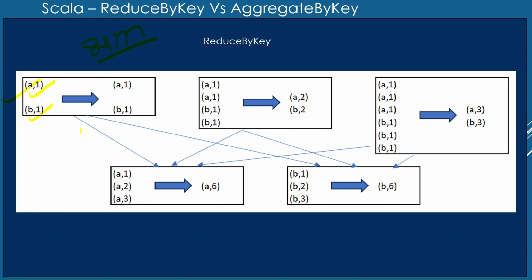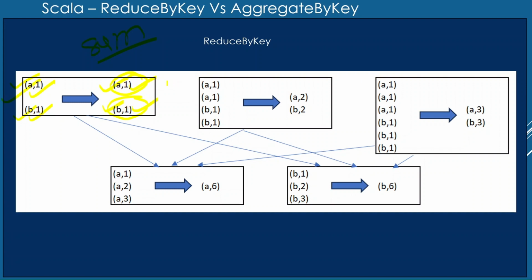It will apply the aggregation function in this partition only, and will come up with this kind of value. This is the key and this is the value. This is the key and this is the value. Since it has only one record for key A and key B, its result looks like this only.